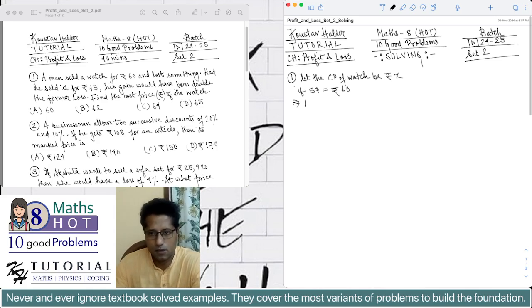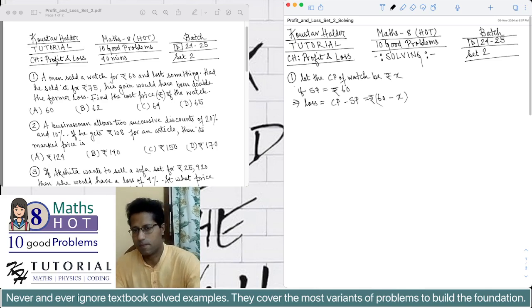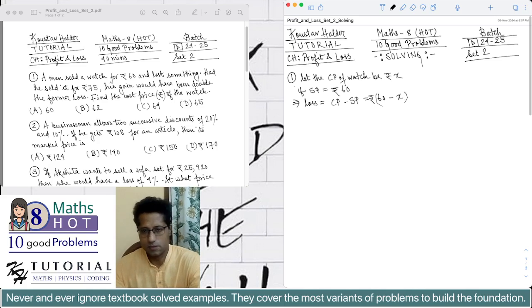When there is a loss, we know the loss is cost price minus selling price. The cost price we have assumed to be x and the selling price is given to be 60. So the loss will be 60 minus x.